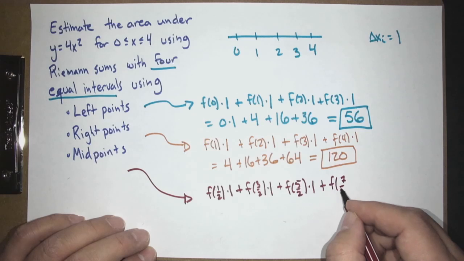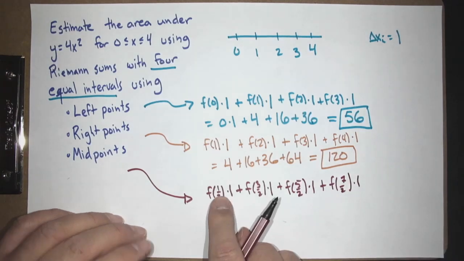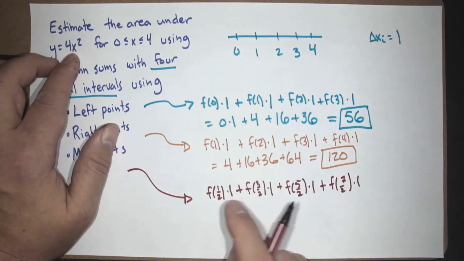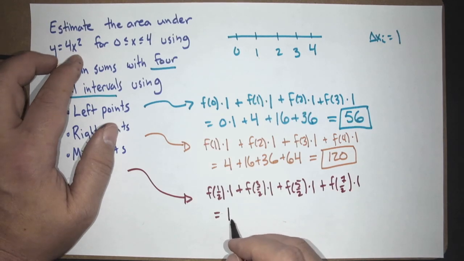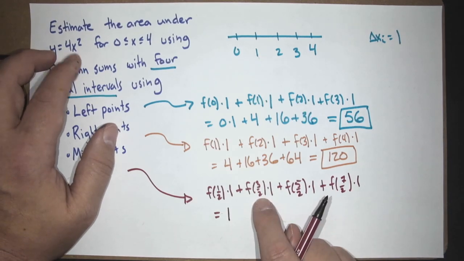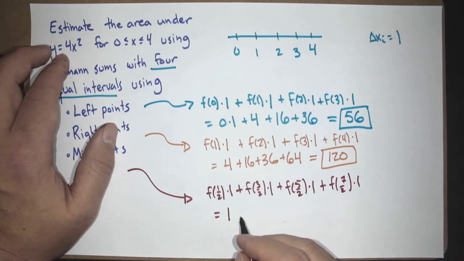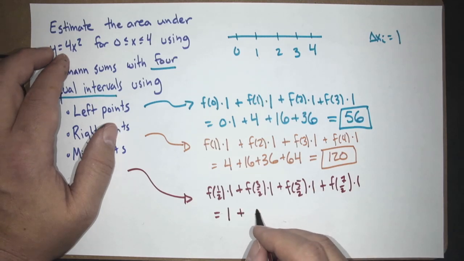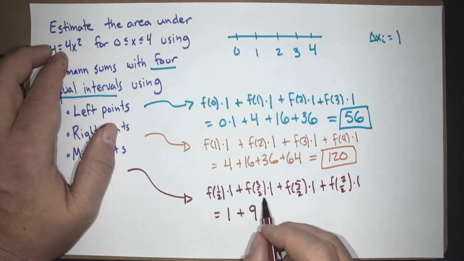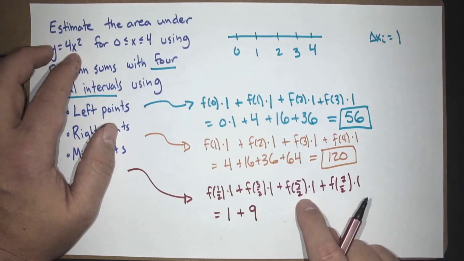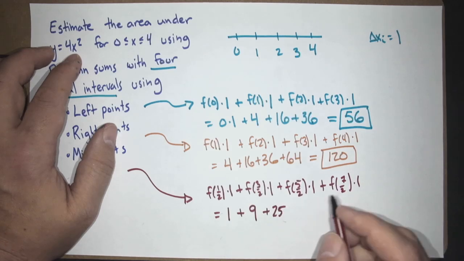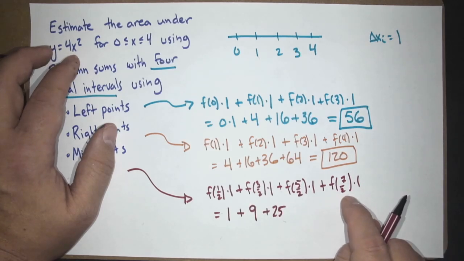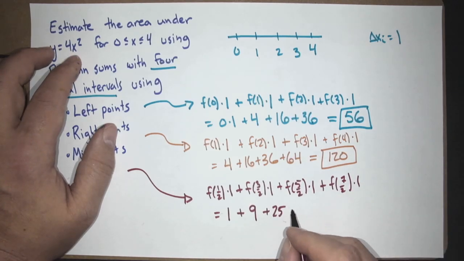7 halves. So 1/2 squared times 4, also known as 1. Right, this is a quarter times 4. 3/2 squared times 4 becomes 9. 9/4 times 4. 5/2 squared times 4 becomes 25. 25 over 4 times 4. 7/2 squared times 4? 49.